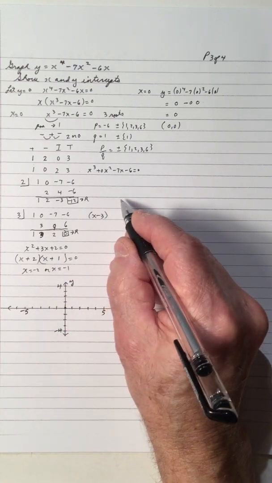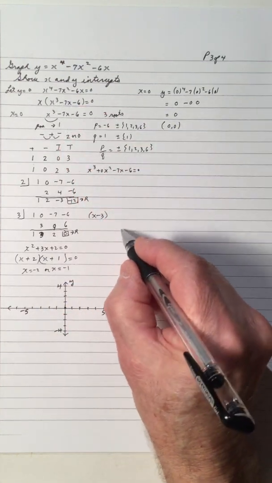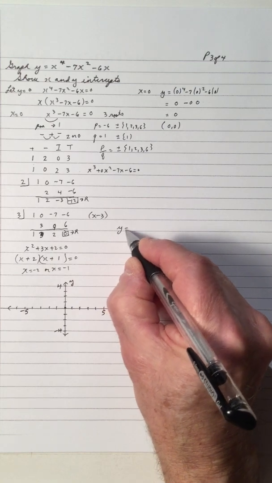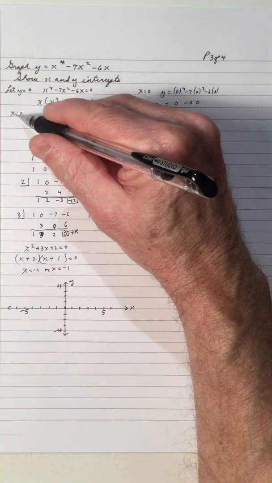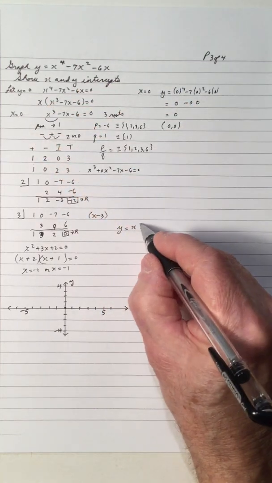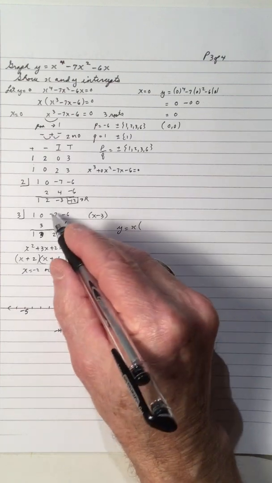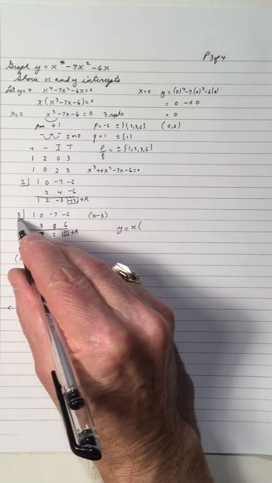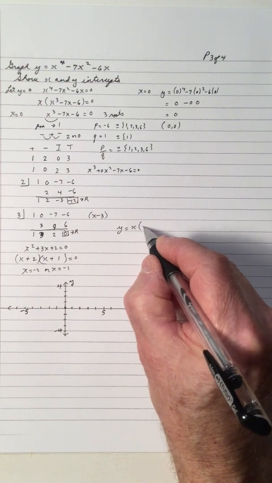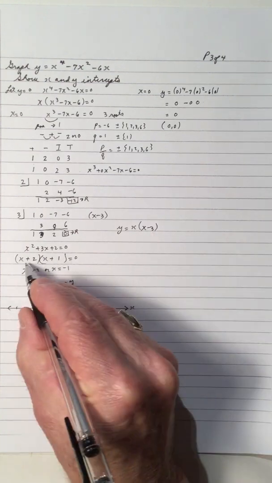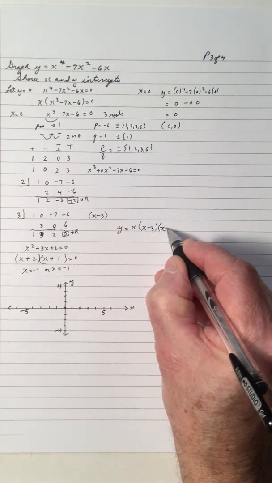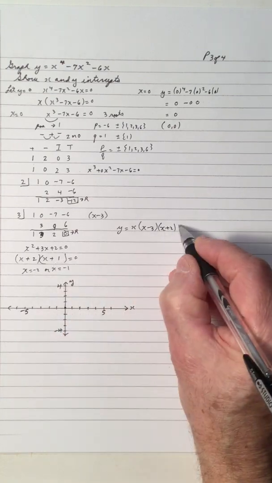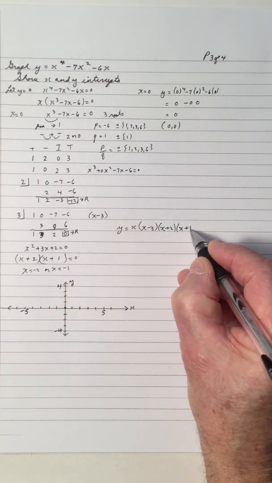So if we take the equation, we have an x taken out at the beginning. We have this factor, because 3 is a root, it's also a factor, x minus 3. Notice the factors are x plus 2, x plus 1.